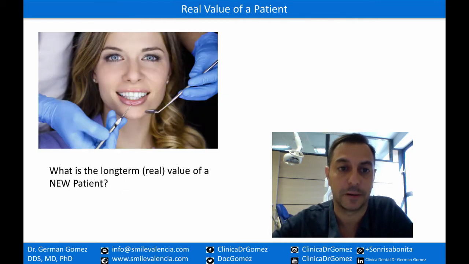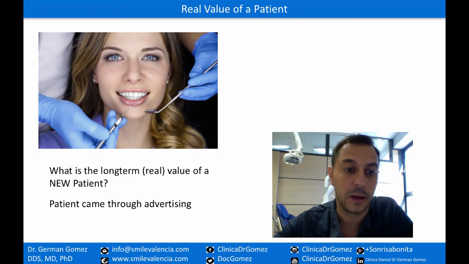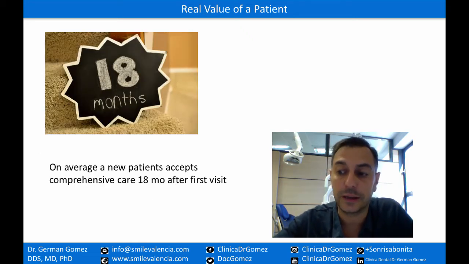Okay, good. So what's the long term, the real value of a new patient? It's not what he pays in his first appointment. The patient comes through the advertisement, and it's not what he pays or spends in the first visit. So how can we calculate the real value of a new patient? Well, usually the patient will accept comprehensive care around 18 months after the first visit.